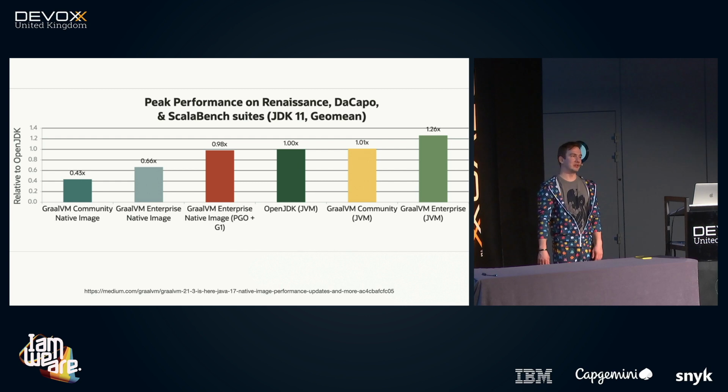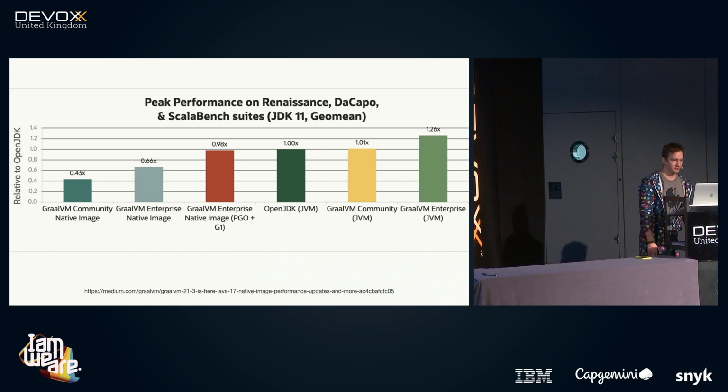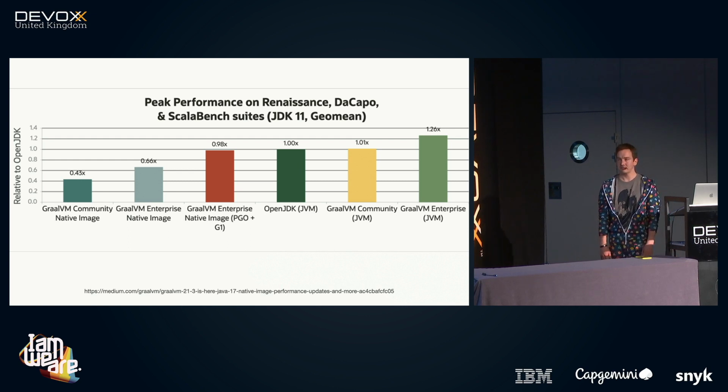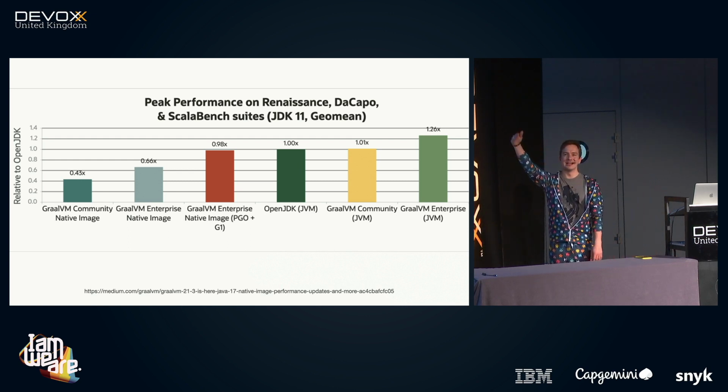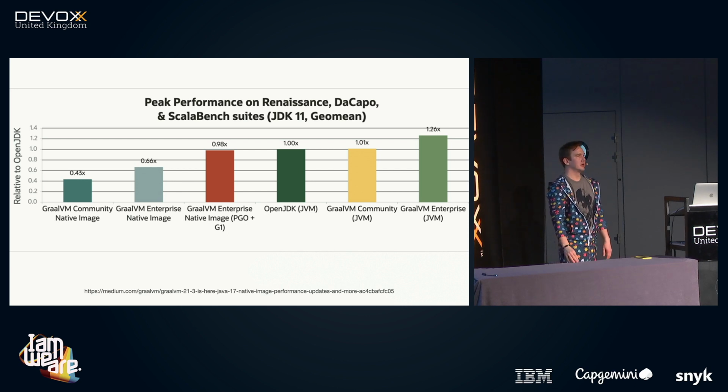So you don't even have to sacrifice peak performance there that much, which is very, very interesting. By default, the community edition doesn't get to the levels of the warmed up JIT, but there you have this dependency on the actual workload that you want to run and the deployment model.